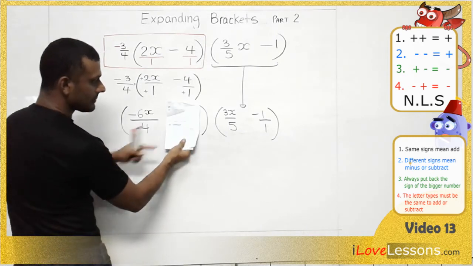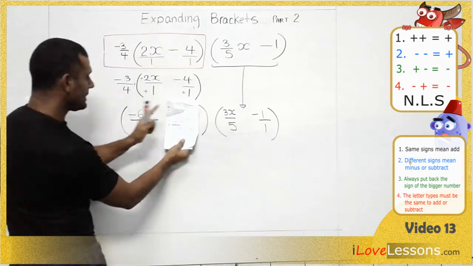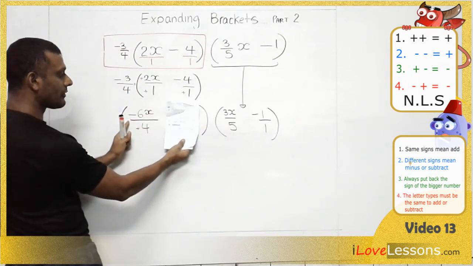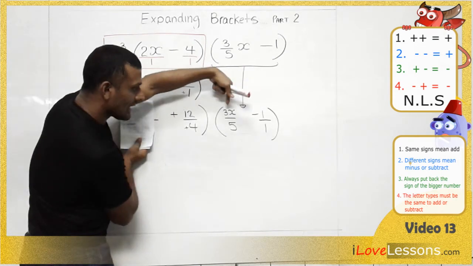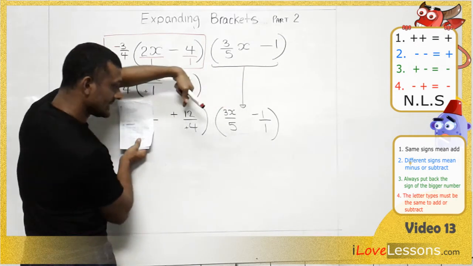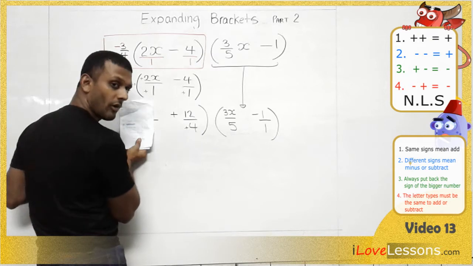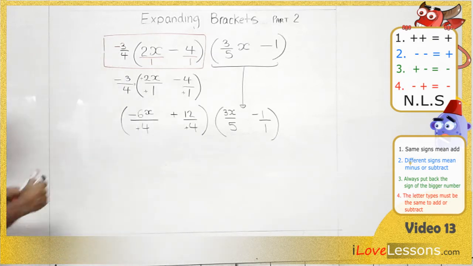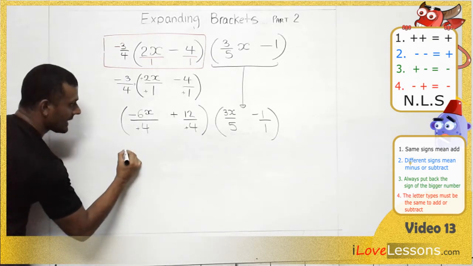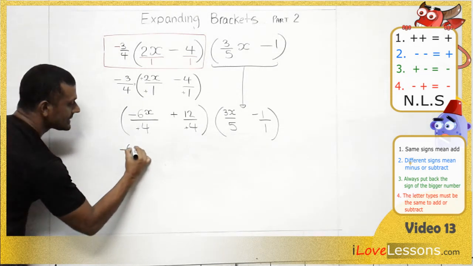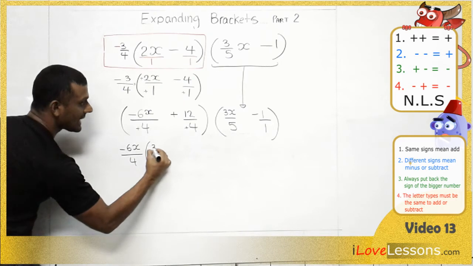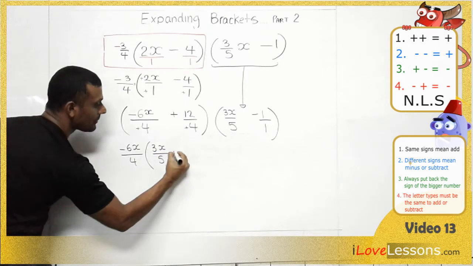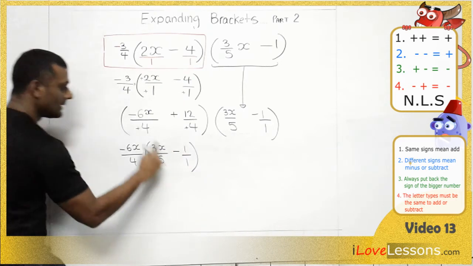And what we're going to do, block this item. We're going to multiply both of them by minus 6x on 4. And when we're finished, we're going to multiply the last pair of brackets again, but this time by 12 on 4. So we'll look something like this. We'll have minus 6x on 4, and it's going to be multiplied by 3x on 5 minus 1 on 1.